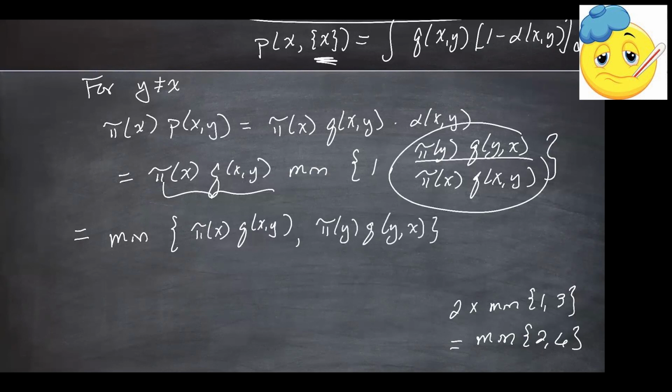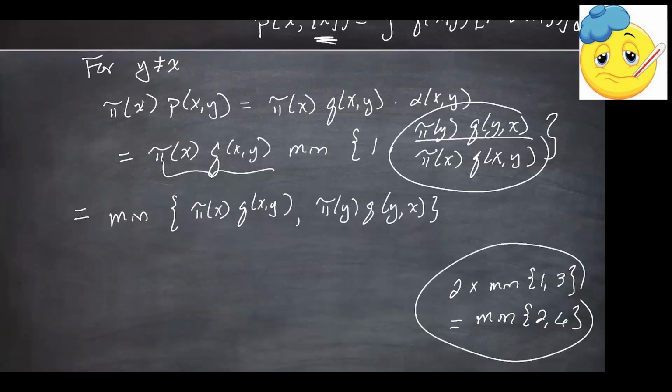And now I'm going to use the same sort of trick, but I'm going to pull this one out front. I'm going to pull that out, and I get pi of y, q, yx times the minimum.